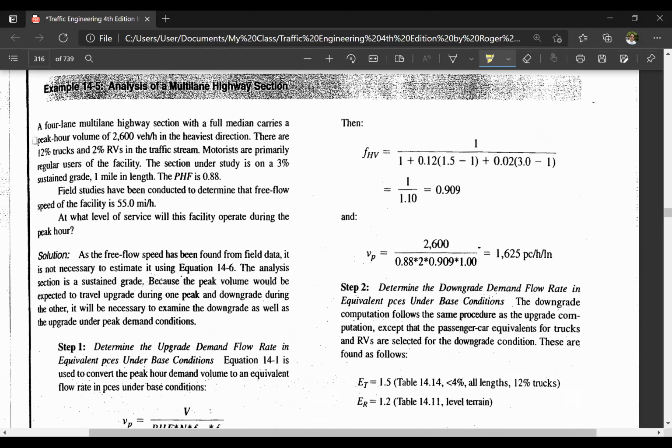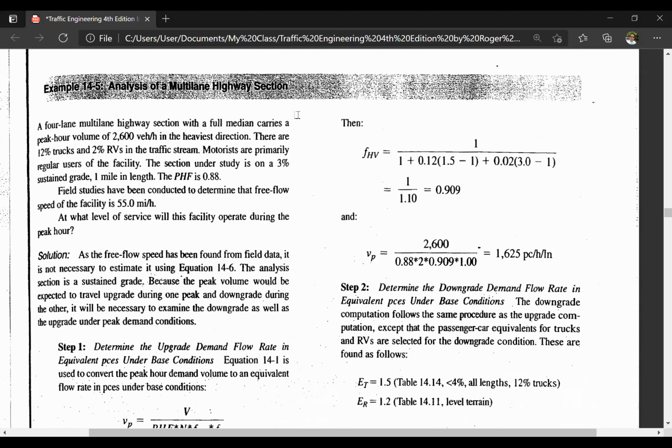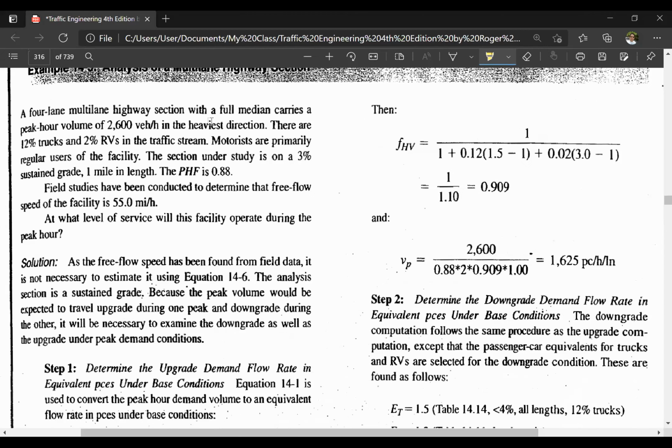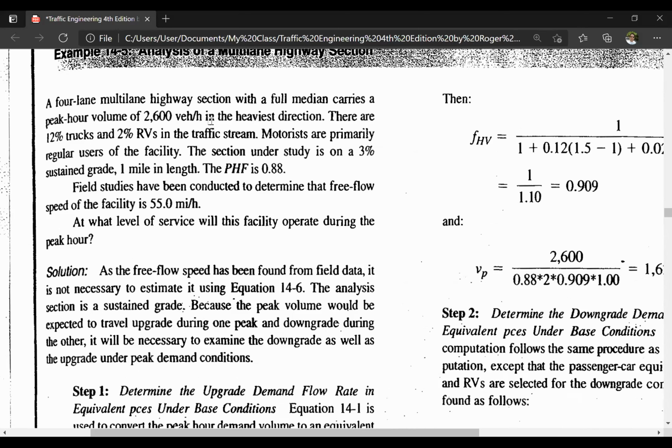Next one, analysis of a multilane highway segment. Now this is a highway, right? A 4-lane multilane highway section with a full median, with 2,600 vehicles per hour in the heaviest direction during peak hour. 12% trucks, 2% RVs in the traffic stream. Motorists are primarily regular users, that means it's equivalent to 1, right?